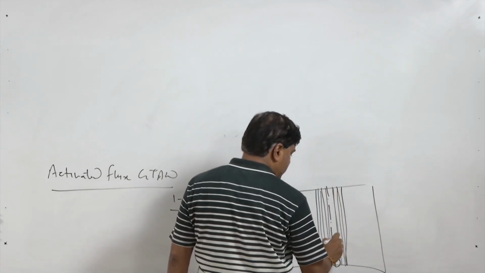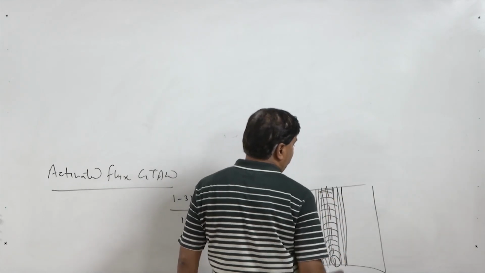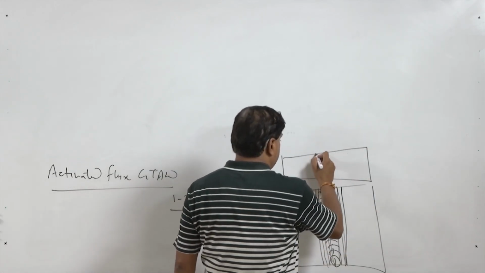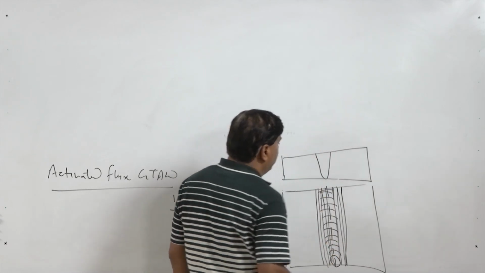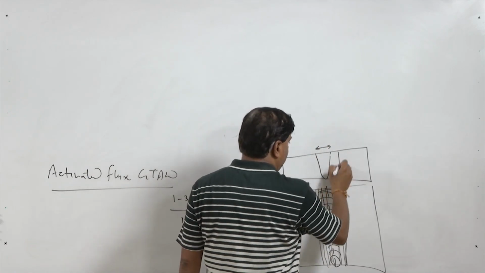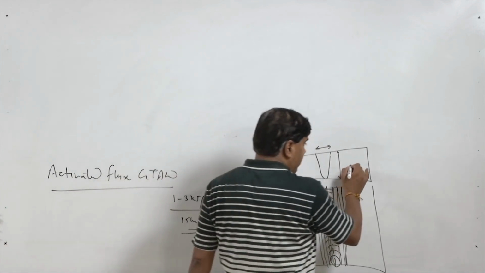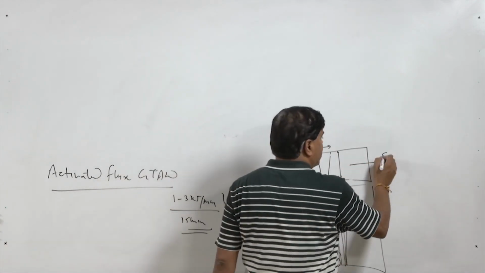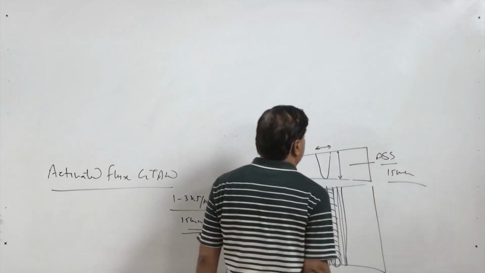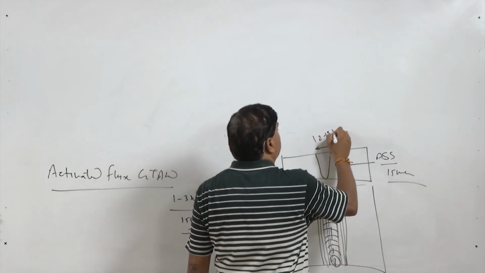When the GTAW arc is supplied after application of the activating fluxes, the weld bead geometry is completely modified. We may get much deeper penetration and very narrow width. So, the width gets reduced while the depth is increased, and efforts have been made to weld austenitic stainless steel up to 15 mm in one go, while having a width of only 12 to 13 mm.